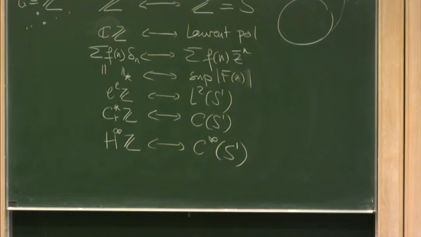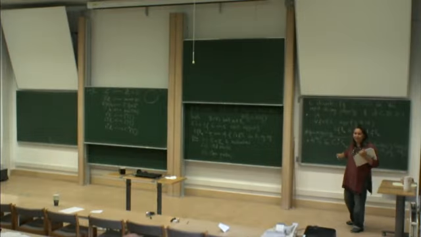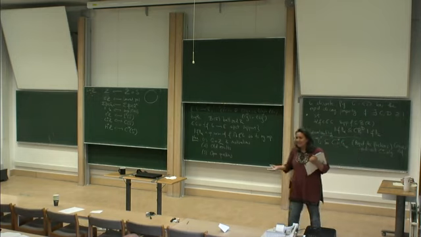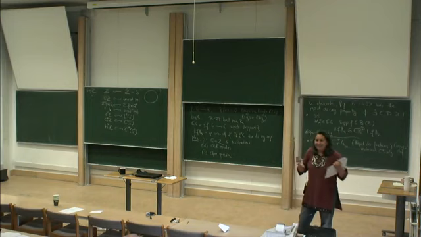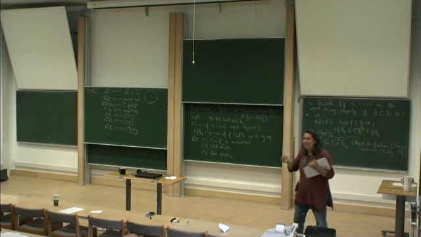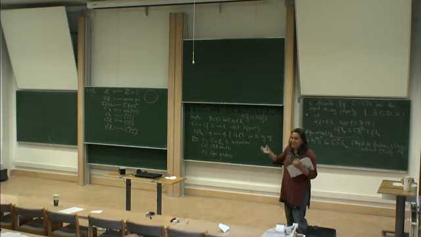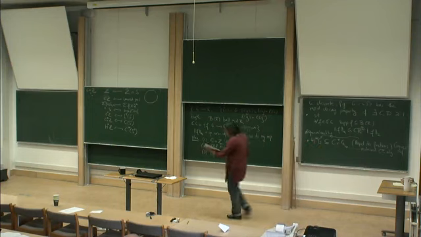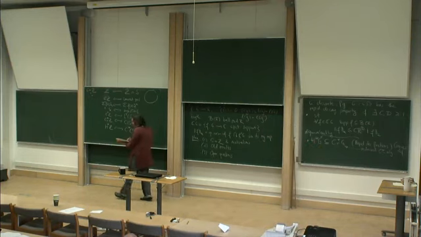What's always true is that this norm is bounded above by the L1 norm. And if the group has polynomial growth, you use Cauchy-Schwarz to say that the L1 norm is bounded by the cardinality of the ball, square root, times the L2 norm. Indeed, it's pretty straightforward if you have polynomial growth.